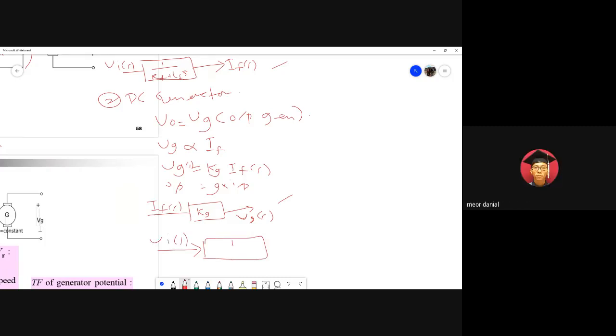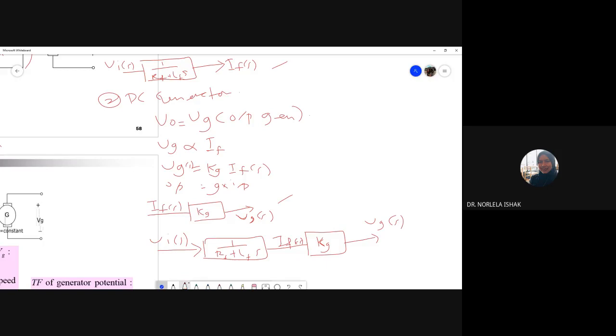Okay, open. This one is 1 over R_F plus L_F s, the output here is current in terms of s, and this is Kg, and the output is VG(s).